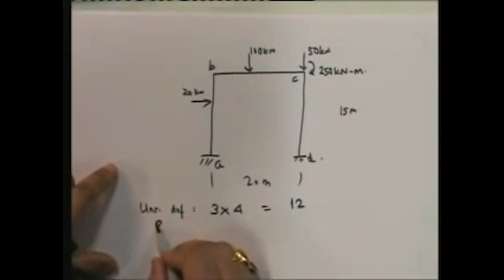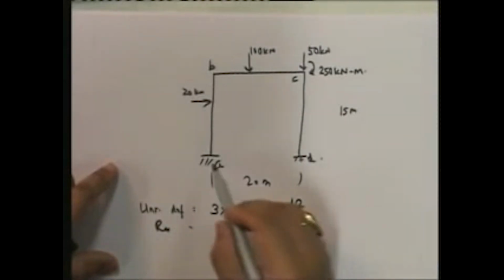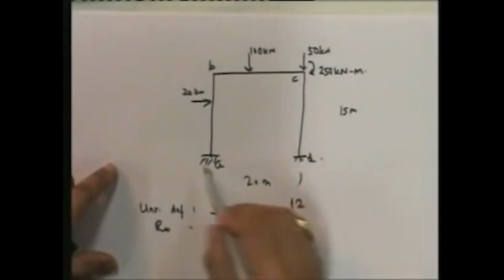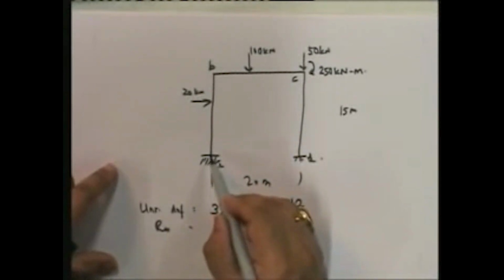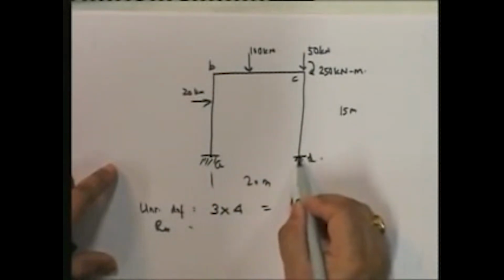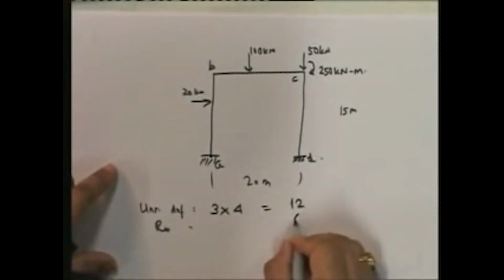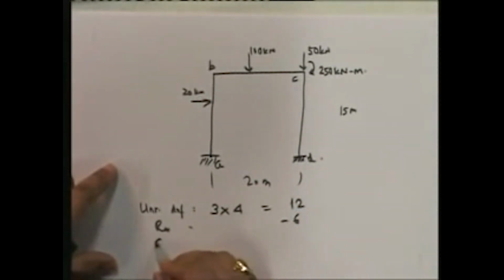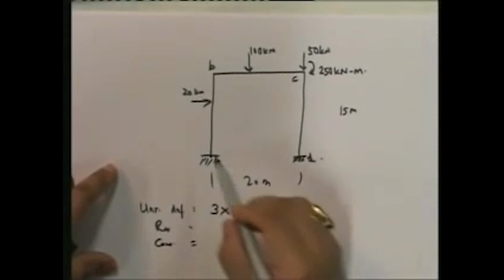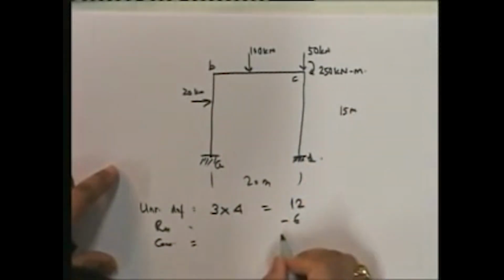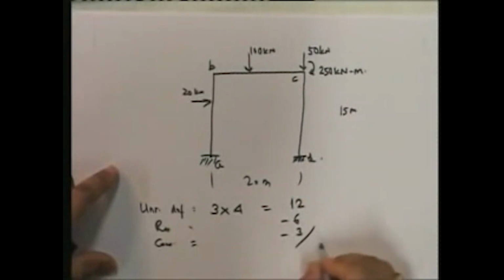How many restraints? 3 here and 3 here, because you're restraining all 3 degrees of freedom at each of these points. So a total of 6 restraints. Constraints, I have 3: axial deformation is neglected, 3 members, 3 constraints. So how many degrees of freedom? 3.